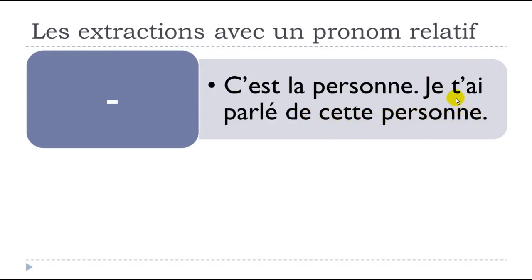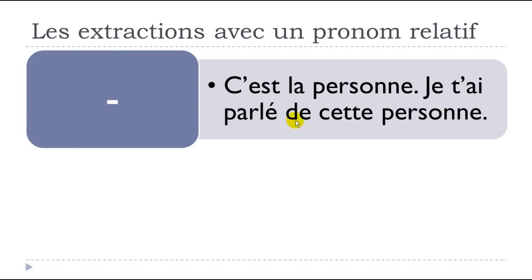So the important thing here is that you are introducing cette personne with the preposition de. And it means that in that case, it's not complément d'objet direct.